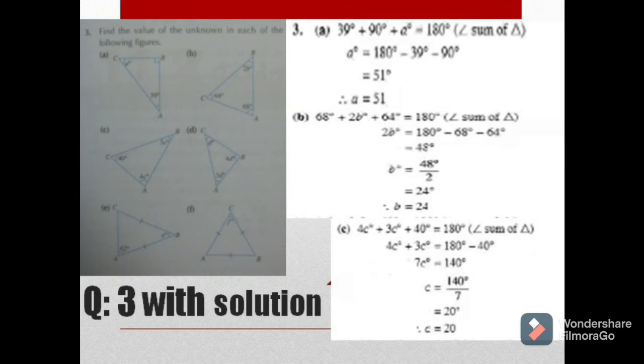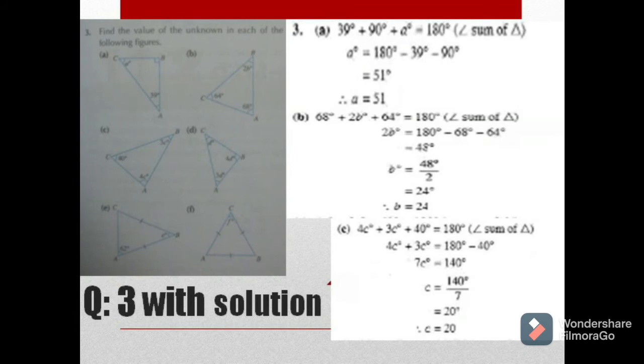You can keep this as a key point: whenever you see a small square in any corner of an angle, that means that angle is equal to 90 degrees. In the first part, the value is given as 39, and by the square we found that angle B's value is equal to 90 degrees.